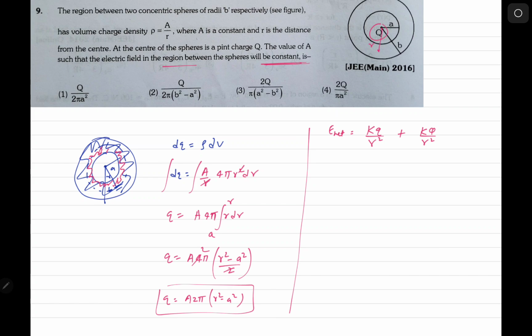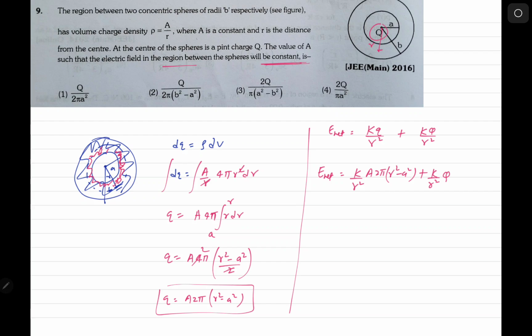Now just put the value: k by r square, q is a into 2 pi (r square minus a square), plus k by r square into Q.